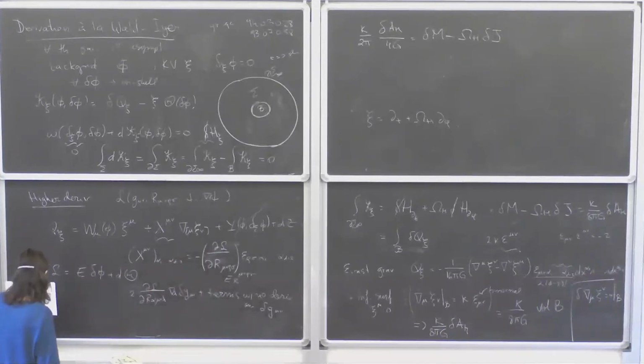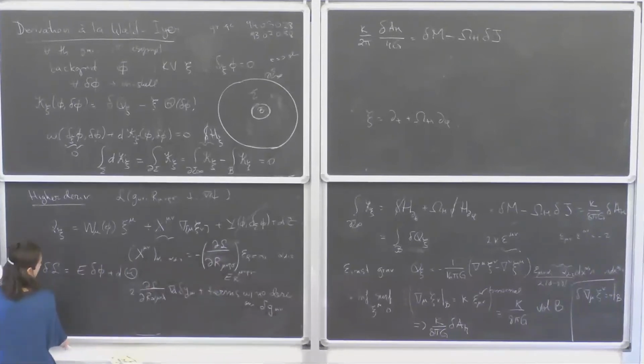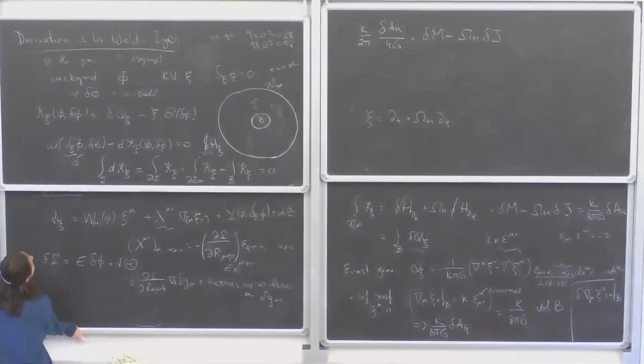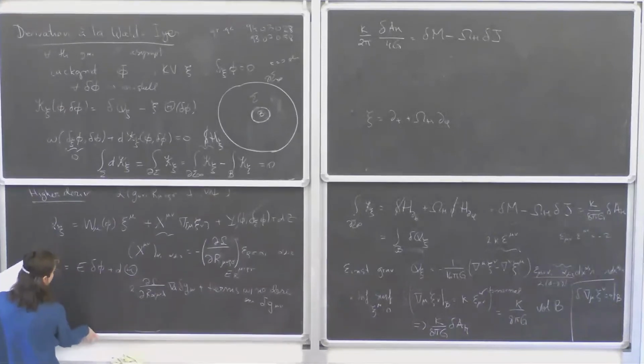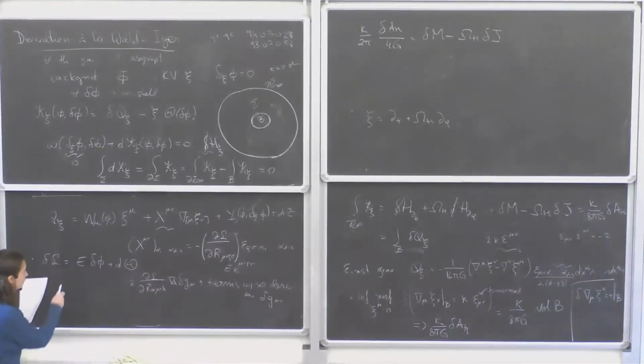Okay, so what are we doing over here? Basically, yeah, I guess I could use that board. As I said, this is trivial. When you integrate by parts, you want to collect all the derivative terms.